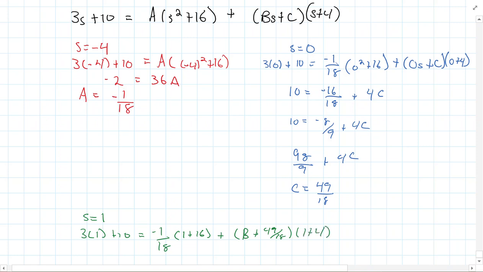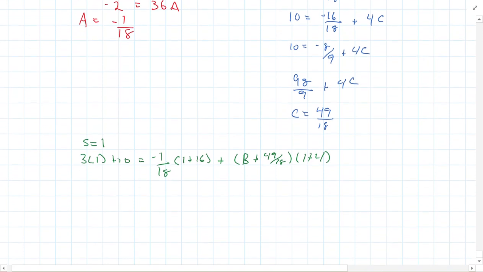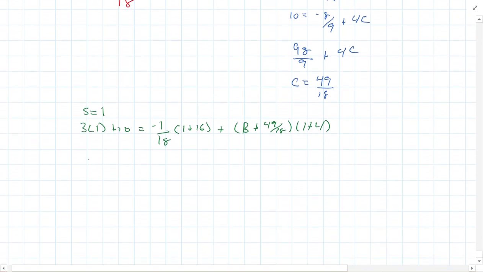Then we just need to multiply everything out and combine terms, and so we'd wind up with 13 is equal to negative 17 over 18 plus 5B plus 245 over 18.